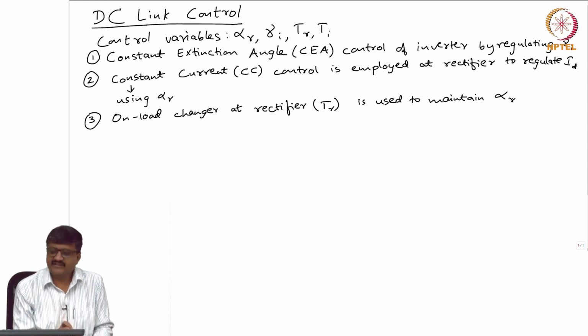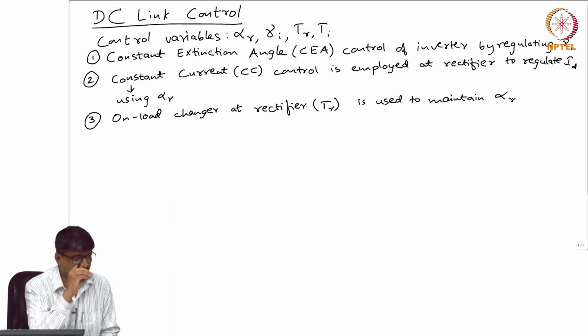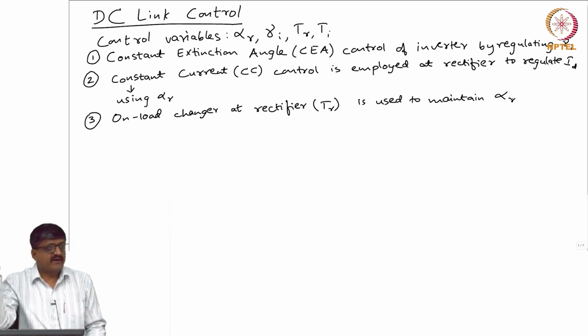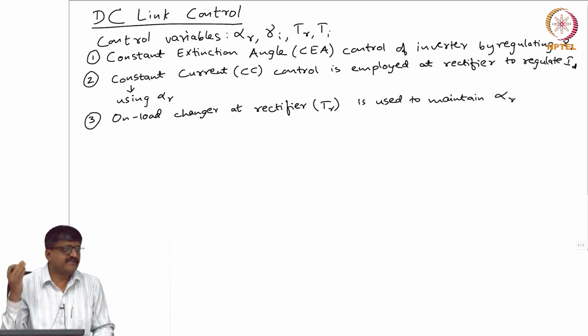Though having alpha R close to 0 in fact will have some advantages of improving the power factor and reducing the dV by dt stress, we want to maintain some margin for control whenever there is low voltage on the AC system. If there is a low voltage in the AC system, then we can use alpha R to see that the DC voltage is regulated.